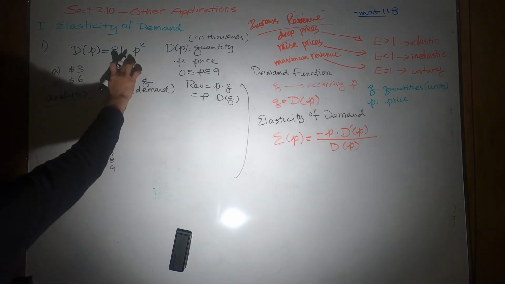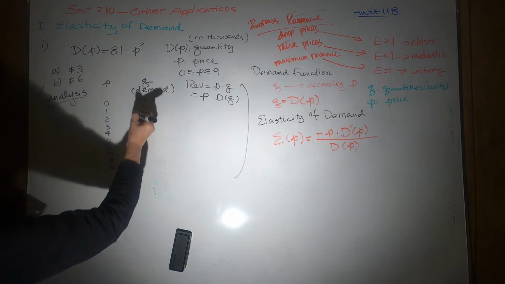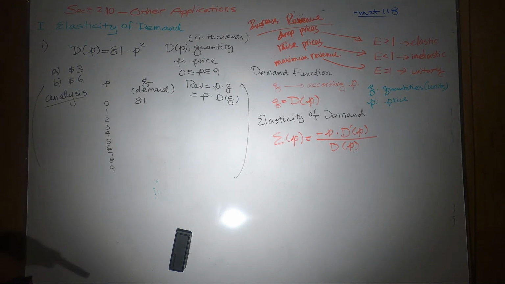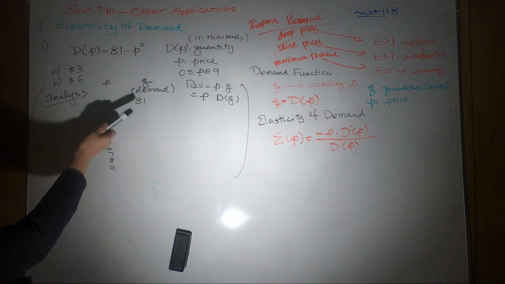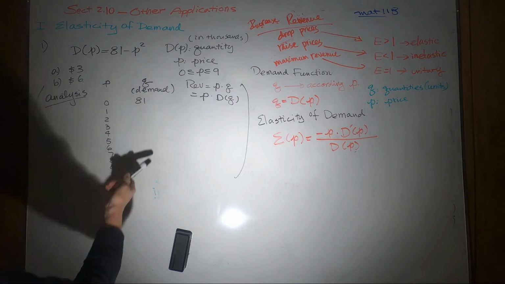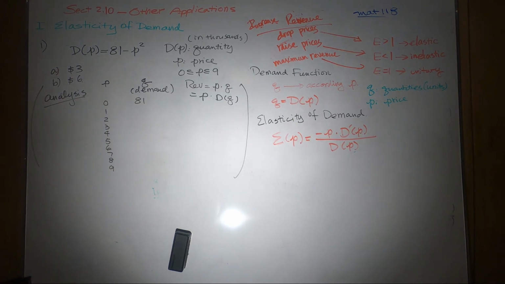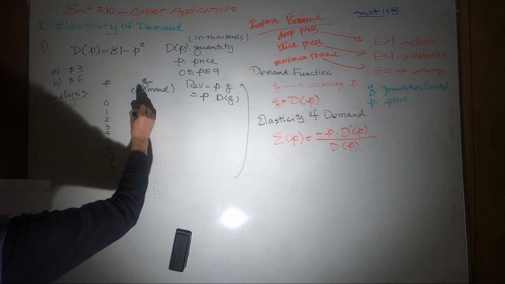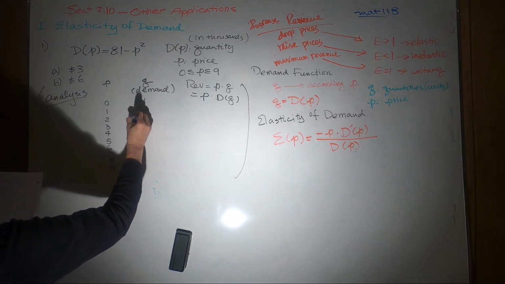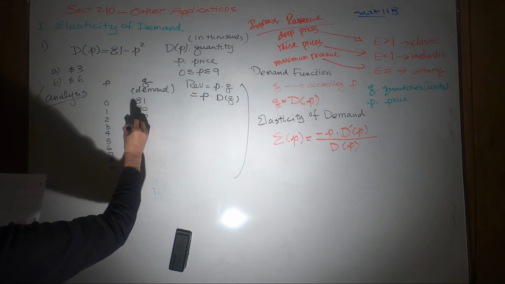I put a 0 here, it would be 81,000 tickets. If you charge nothing, you will have 81,000 customers. If you put a 1, that would be 80. Put a 2, we just write down all the numbers.